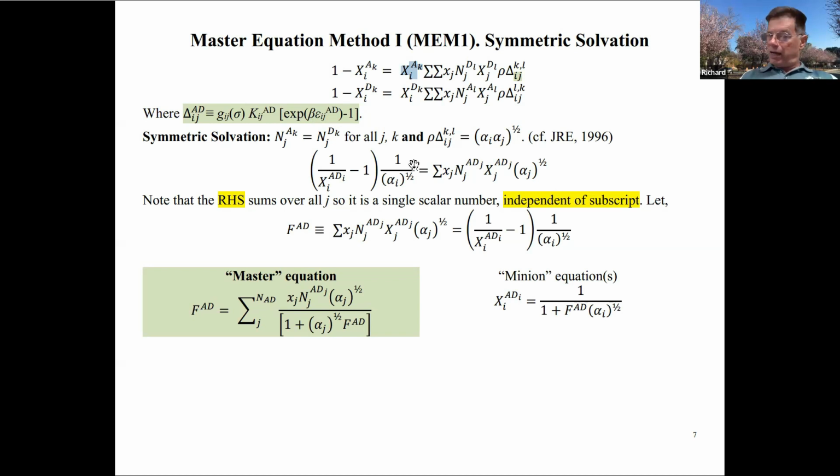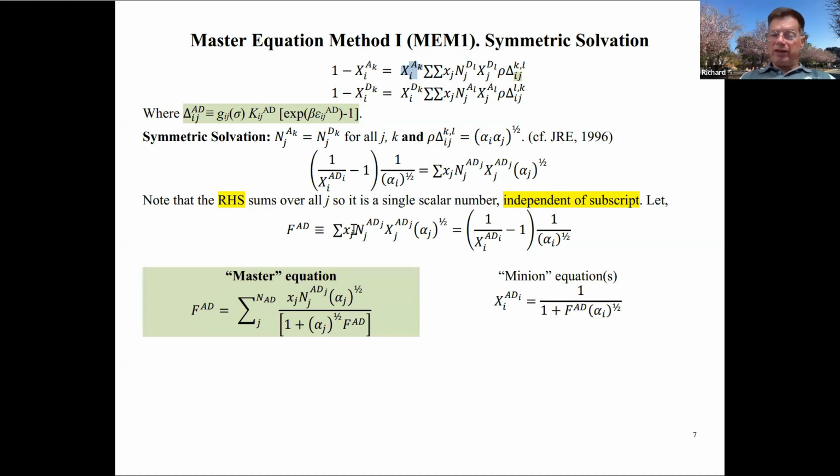And as an approximation, here's the amazing thing that happens when it's separable. I plug this definition in here, and now that alpha I can be factored out of the double summation. So let's write it that way and rearrange so that all the I parts are on the left-hand side of the equation. Then we see that this equation sums over all of the j quantities. When you sum over all the quantities that you're summing over, you get a scalar number. It's just a number. All right, let's call that number FAD.